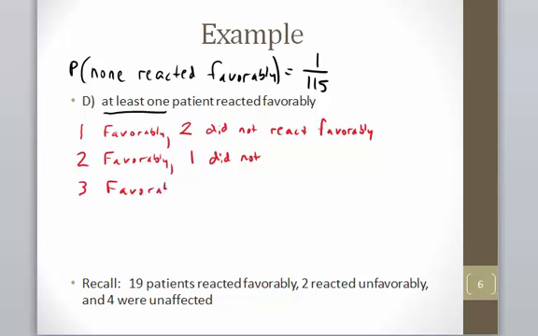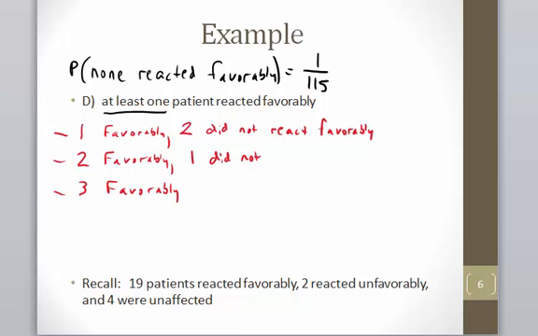That would still be 3 patients where at least 1 reacted favorably. Now, if we're going to work this problem as it's asked, then essentially what we're going to have to do is treat this like 3 separate problems, a problem here, a problem here, a problem here, and we're going to have to work out each one, which is a considerable amount of work.